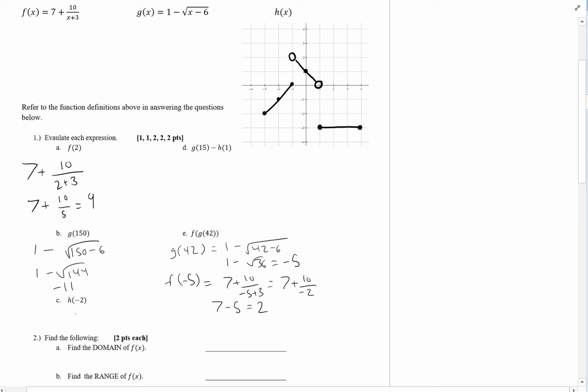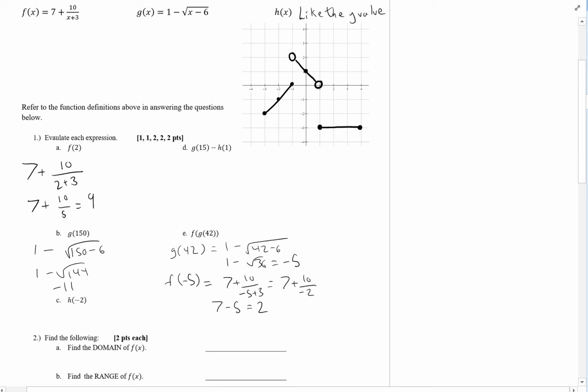All right, for h, I think h was giving a lot of people trouble because it was not written algebraically with x's as an expression, but only graphically. It's important to realize that a function is like the y value.